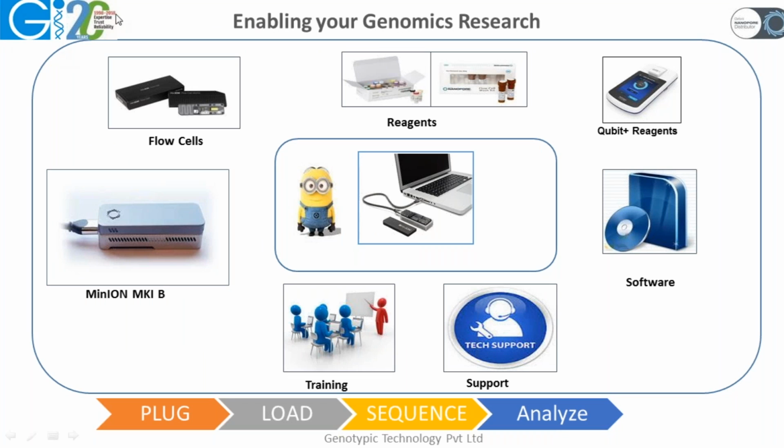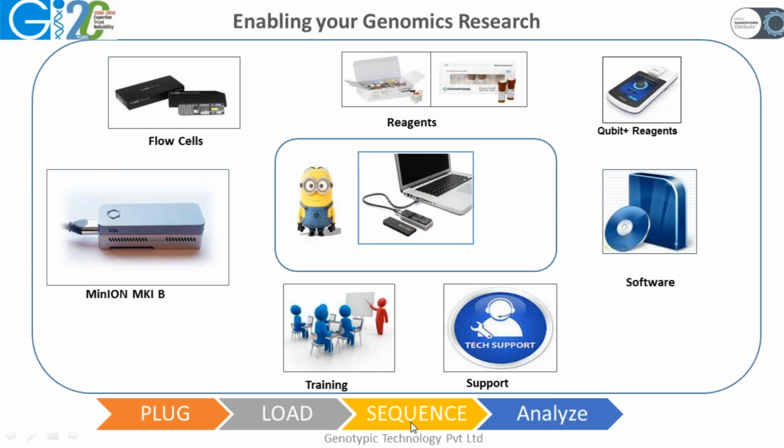Here I want to show you that we not only provide the MinION, we also provide all other peripherals, right from a working computer which has been tried and tested at Genotypic with the necessary software, and all the reagents, the Qubits along with reagents and the software. If you are planning to go for Nanopore sequencing, we also give our new Commander software.